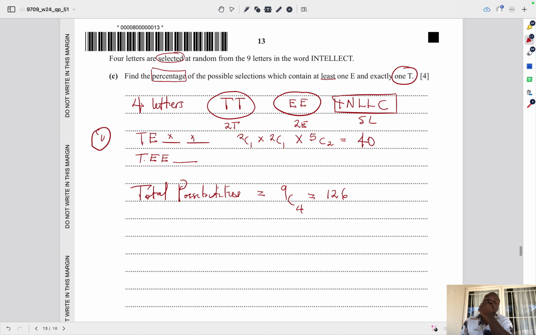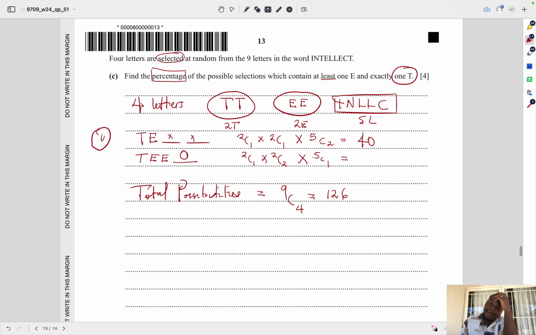Then here, where we've got 1 T, again, remember, we are choosing 1 T out of 2 T's. 2 choose 1 times, now in this case, we've got 2 E's, which is just one way. There's just one way of choosing 2 E's out of 2 E's. But if you want, you can say 2 choose 2, times. Now, out of the 5 letters, we only want to choose 1 letter to fill up the 4th space, which is 5 choose 1.